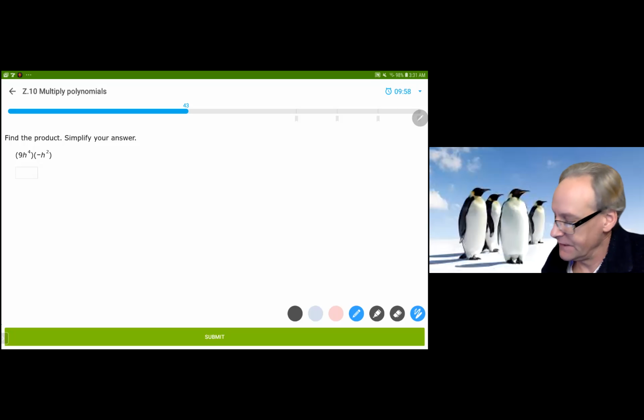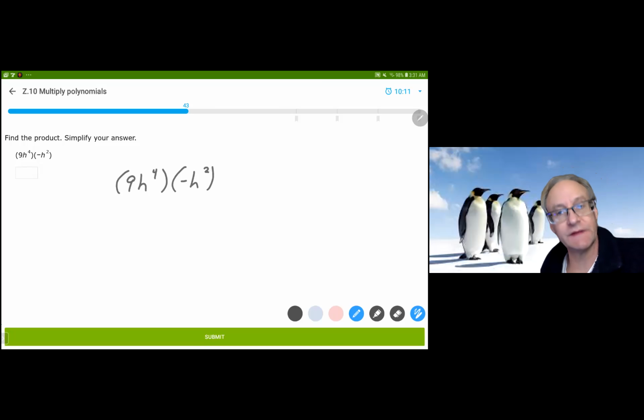You need to just think about why it is that if I take 9h to the fourth and multiply it by negative h squared, why do I get h to the sixth power? Well, a lot of people will say, well, I'm multiplying, so the reason is because I add exponents when I multiply. No, it isn't. That is not the reason that you add exponents.